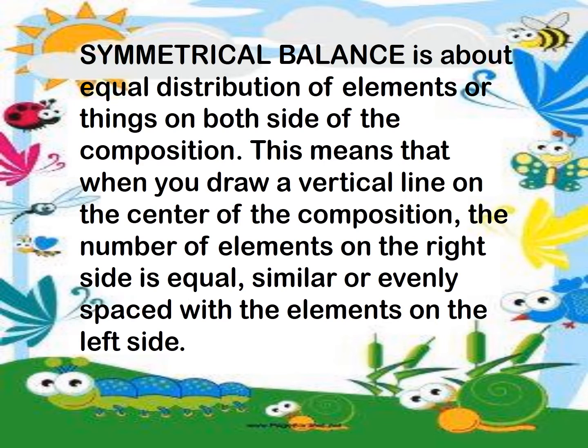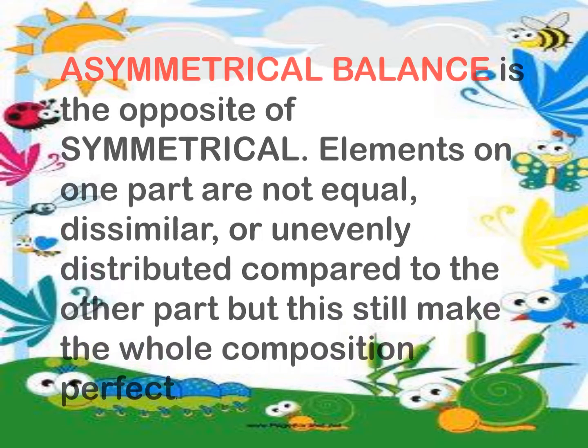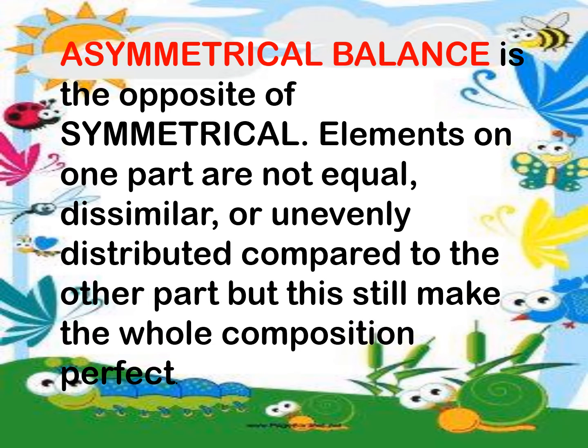Dapat daw ang symmetrical ay balance. Asymmetrical balance is the opposite of symmetrical. Elements on one part are not equal, dissimilar, or unevenly distributed compared to the other part, yet this still makes the whole composition perfect.